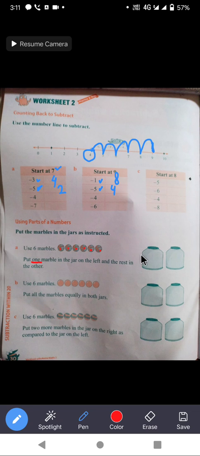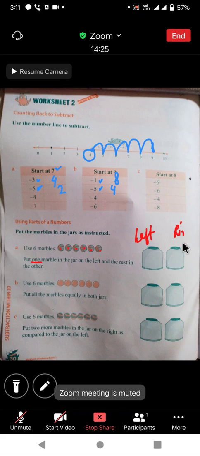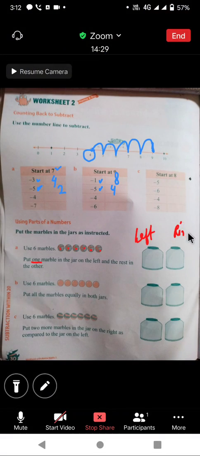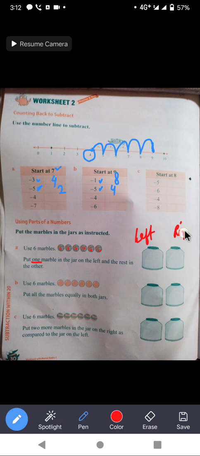So this is our left, and then this one is the right jar. How many do we have to put in the left jar? One only. So one we will put here, and the rest in the other.